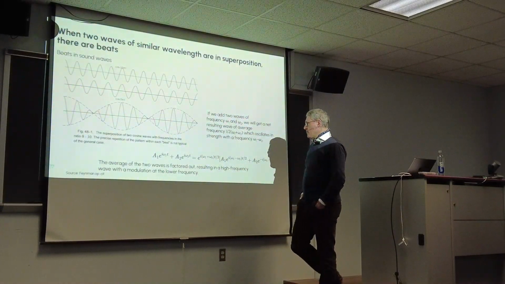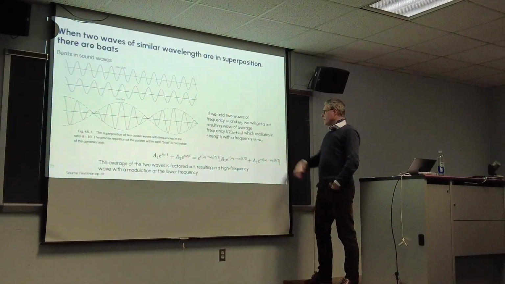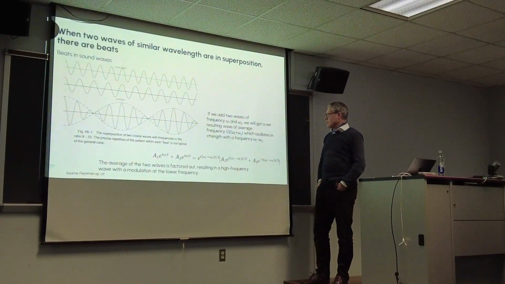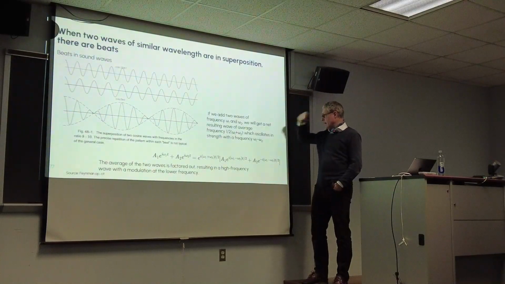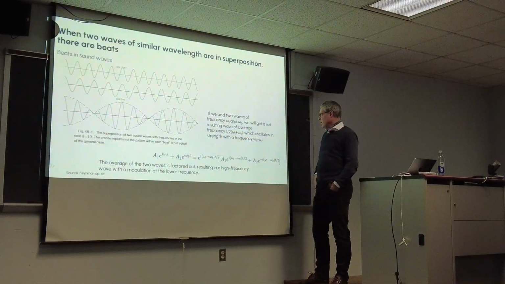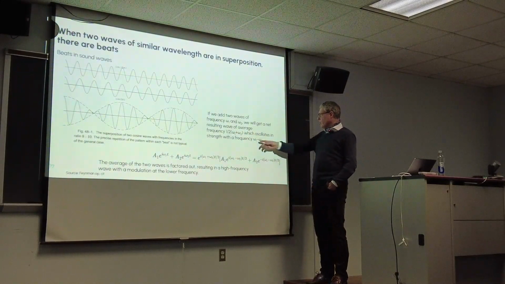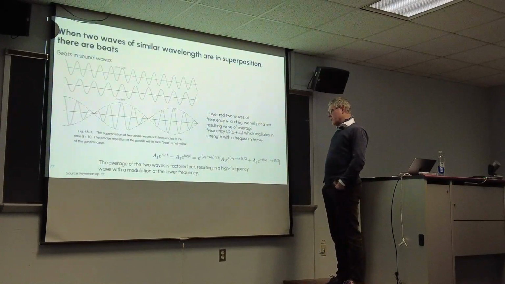And so these are the wave frequencies ω1 and ω2, which are also called angular frequencies. We'll get a net resulting wave of average frequency one half times their sum, which oscillates in strength with the frequency of ω1 minus ω2.